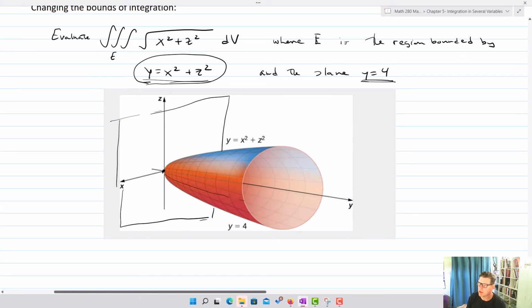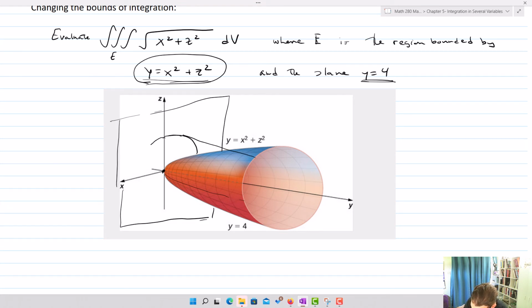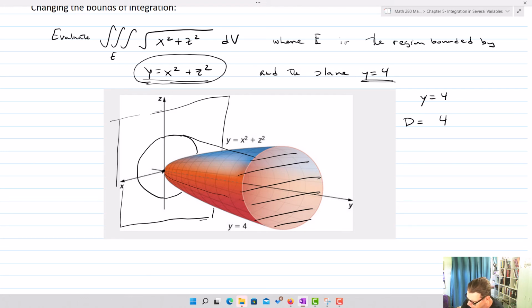Now remember, D is a projection, but D doesn't necessarily have to be a projection onto the xy plane. In this case, what makes more sense is to project down onto the xz plane, and what we get is this circle here. That's going to be that projection onto the plane. So in this case, y is going to equal 4, and that disk D is going to be 4 equals x squared plus z squared.